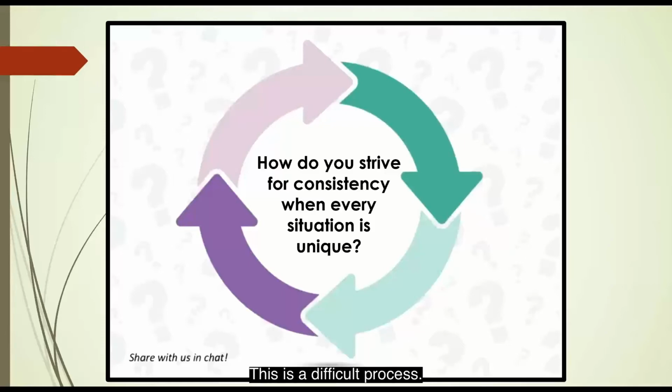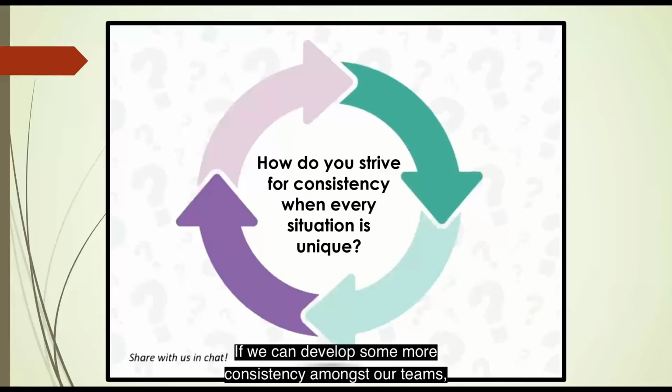This is a difficult process, and we're trying to add some science and some consistency into it, but it's also part art. If we can develop more consistency amongst our teams and different individuals, and the more we practice it, we'll be able to get better at it. But it's not easy to do.